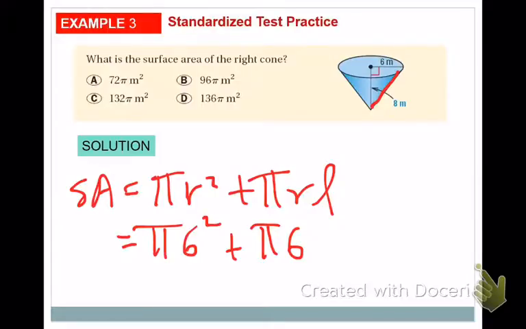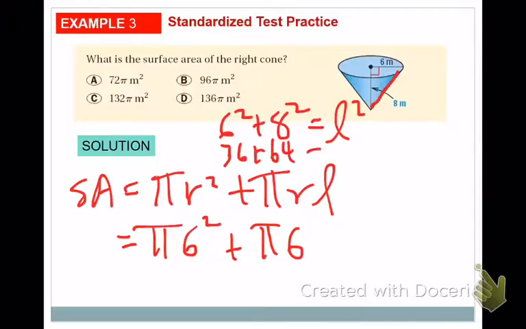this is a right triangle, 6, 8, what would this be? It's a Pythagorean multiple. 6, 8, what would that have to be? All right. Well, if you don't know that by memory, you can do 6 squared plus 8 squared equals L squared. So that's going to be 36 plus 64 equals L squared, which equals 100.